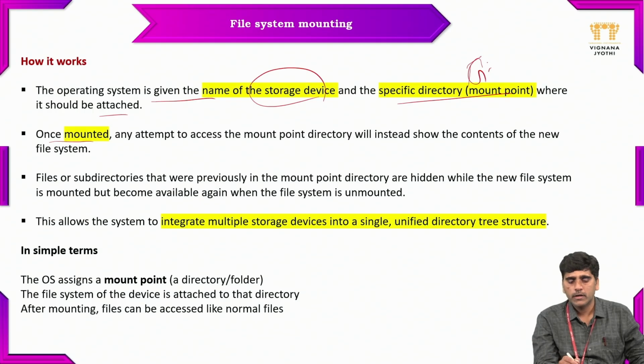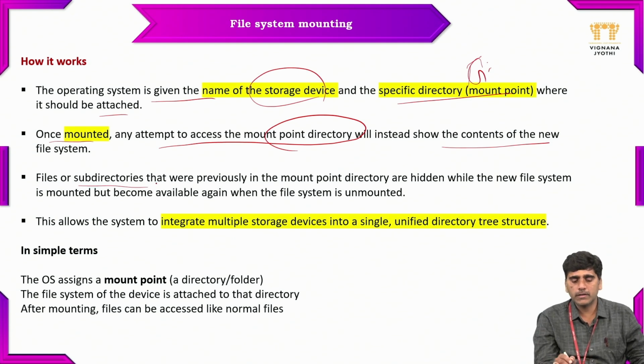Once it is mounted, any attempt to access that particular mount point directory will instead show the contents of the new file system. The files or subdirectories that were previously in the mount point directory are hidden while the new file system is mounted, but become available again when the file system is unmounted.